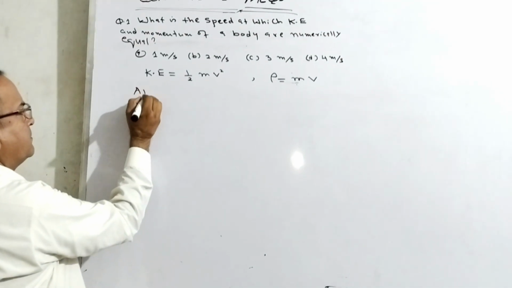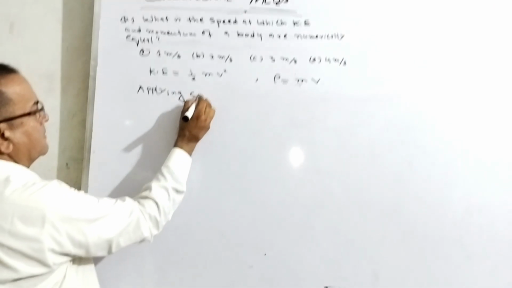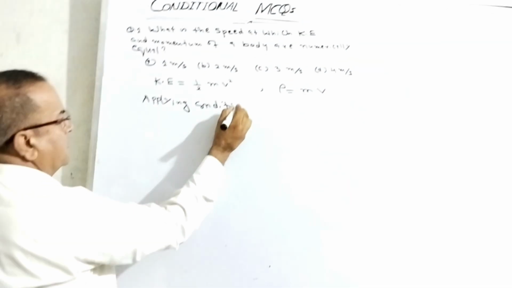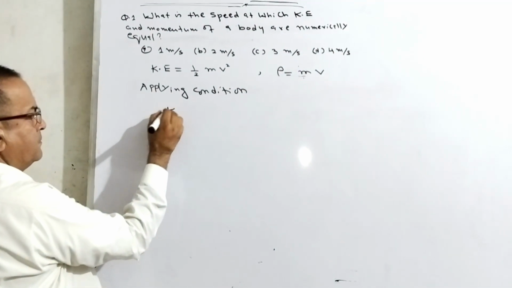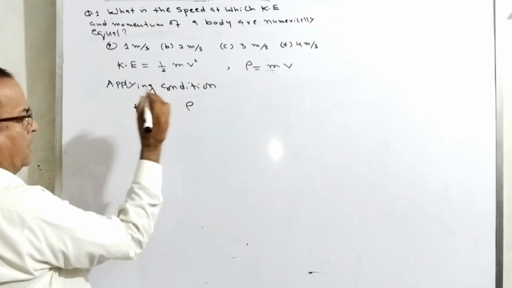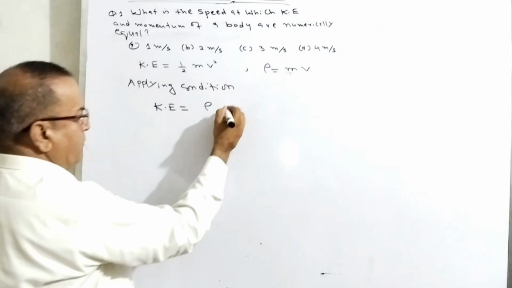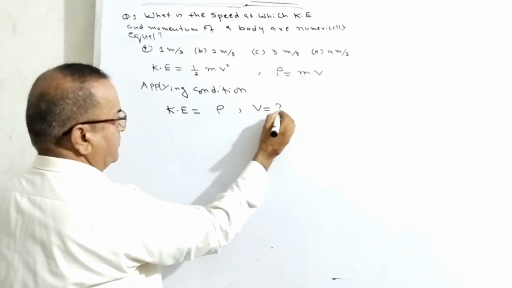Apply the condition. The condition is that kinetic energy and momentum are numerically equal. Then we have to find the velocity.